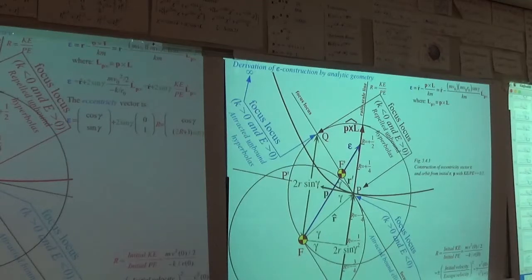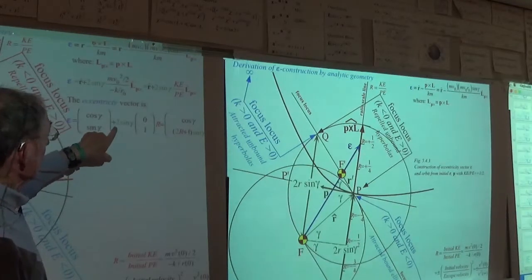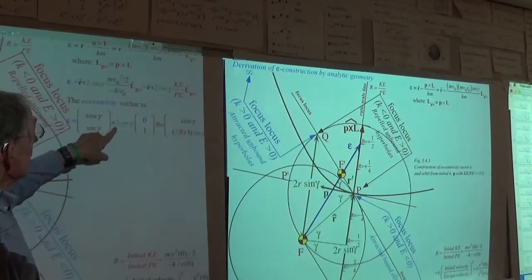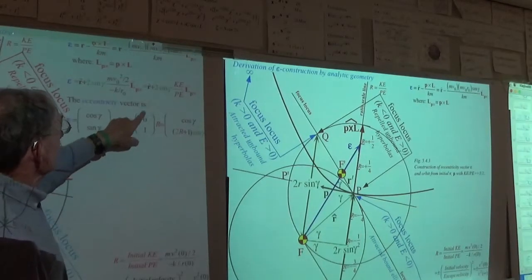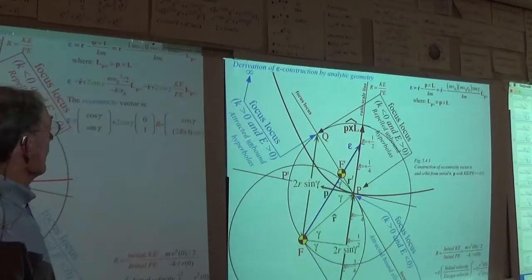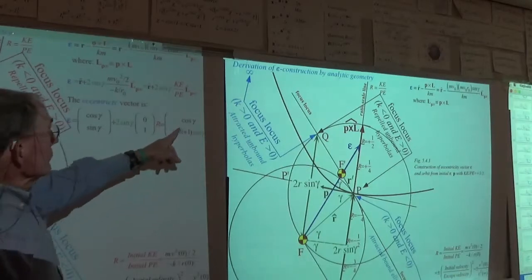The eccentricity vector consists of a cosine and a sine of gamma multiplied by whatever the epsilon is, and then a 2 sine gamma for this extra little guy here, and this is in a coordinate system riding with this, gives you this right here.